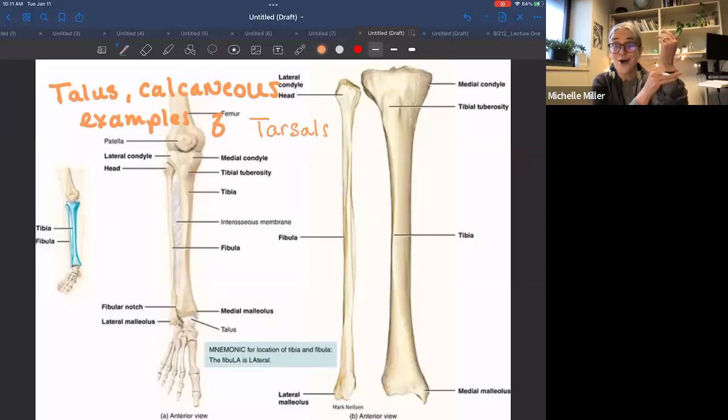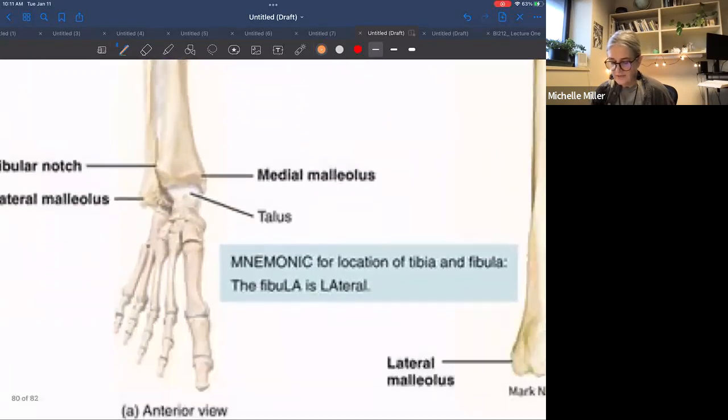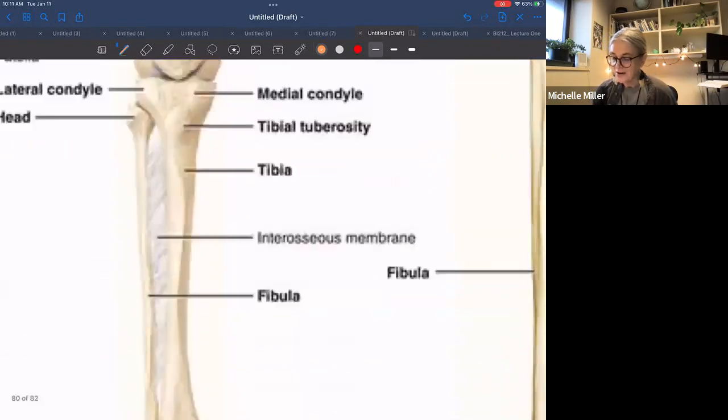Tarsals, like carpals, right, in the wrist. So there's other tarsal bones here, but the talus is an important one. And then you do not need to know the other types of tarsals. But then we have the main portion of the foot, the bottom of the foot and the front of the foot, the top of the foot. That would be the metatarsals.